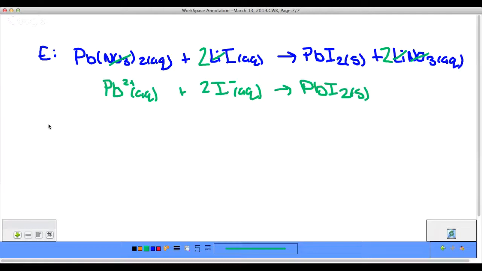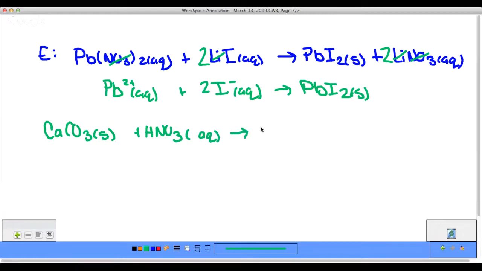And then for F, number 2E. Let me see if I can find those. Oh, okay. For this one, it's just a little bit backwards. You're going to have calcium carbonate, and that's a solid. And you're going to have HNO3, and that is aqueous.